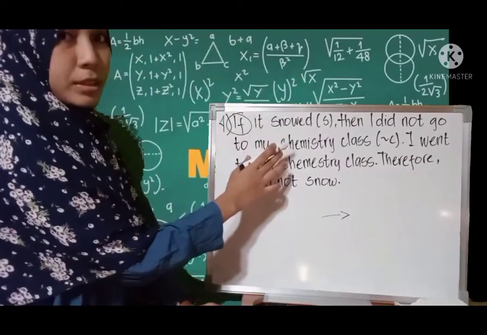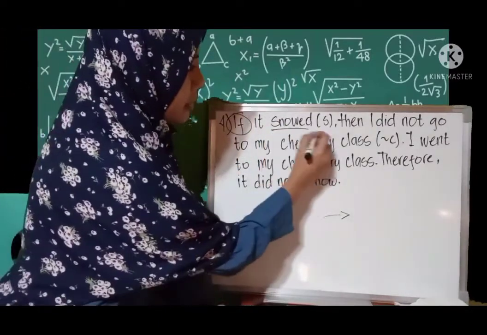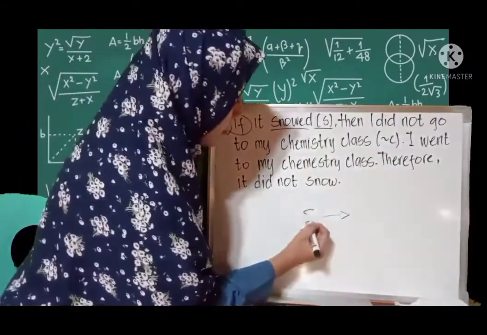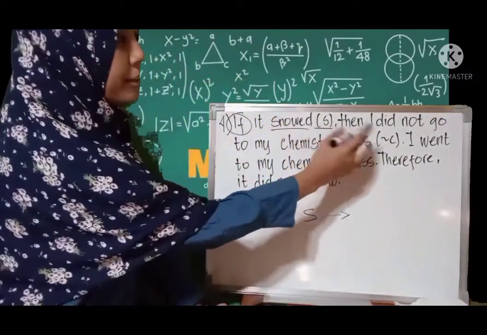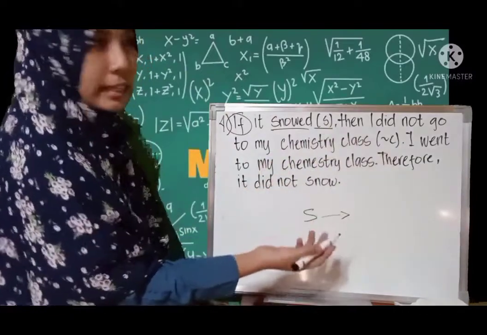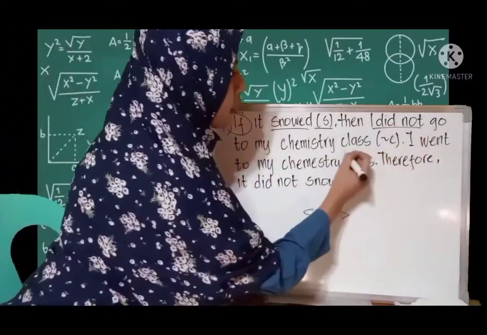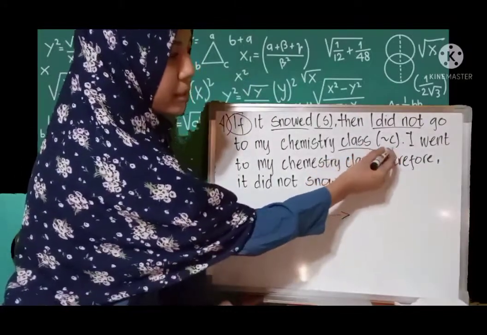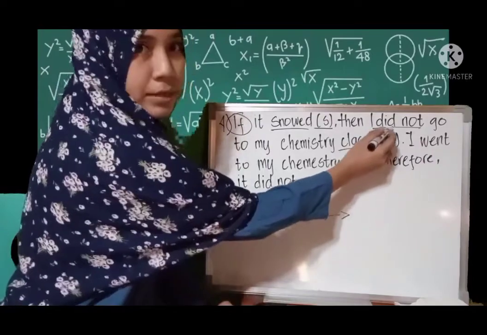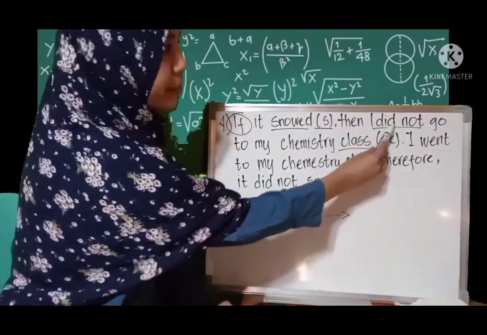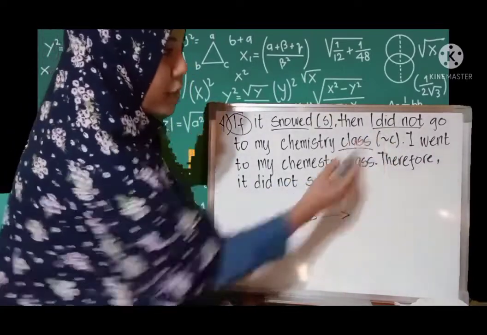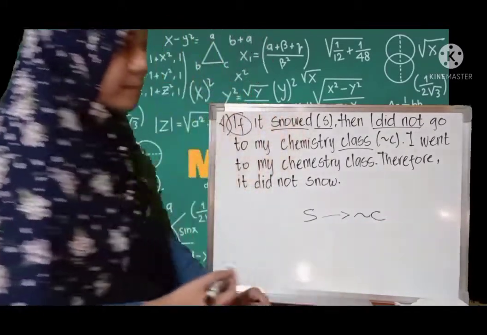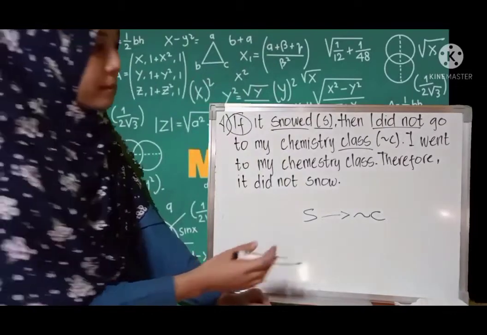If it snowed, so S kasi snowed represent as S, then, I did not go to chemistry class. Did not, class, combination of did not, class represent as C, negation C. As simple as that.